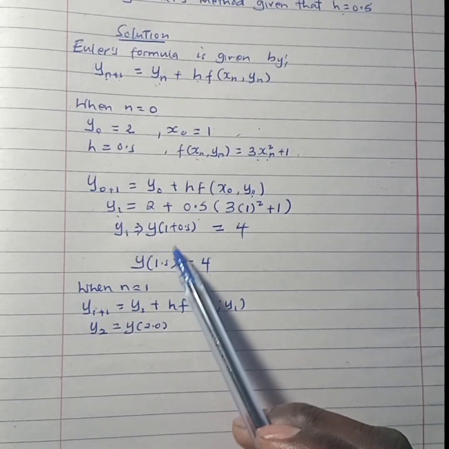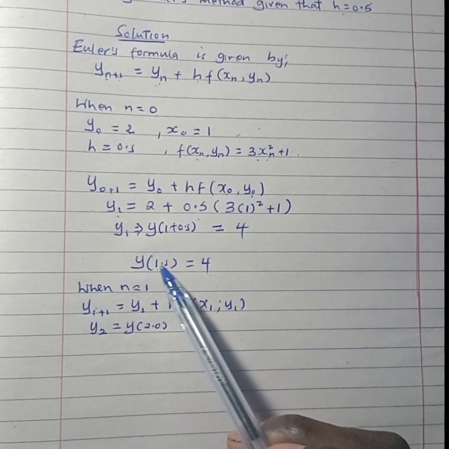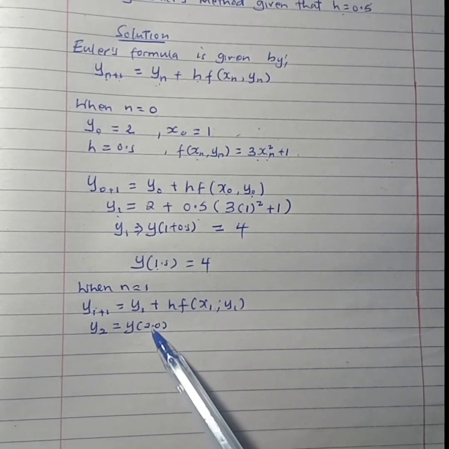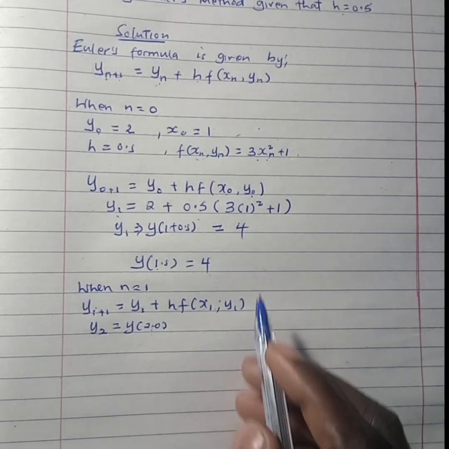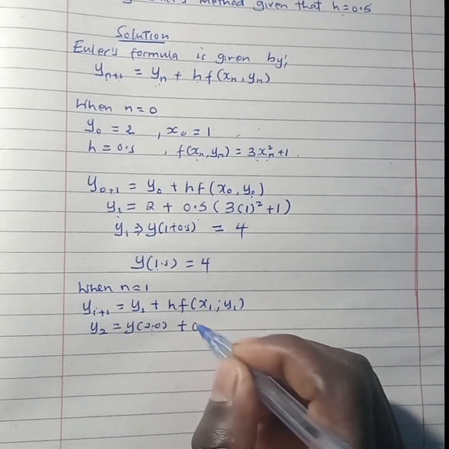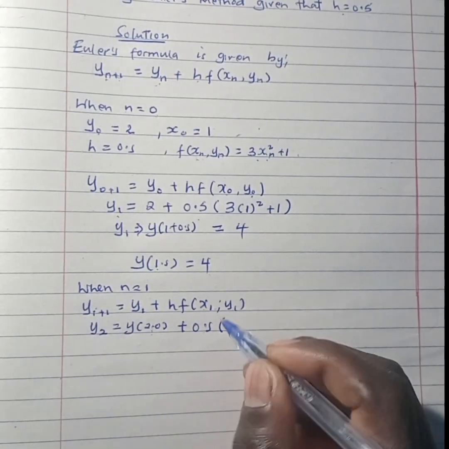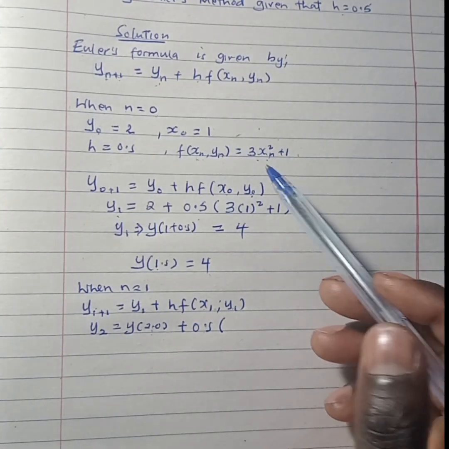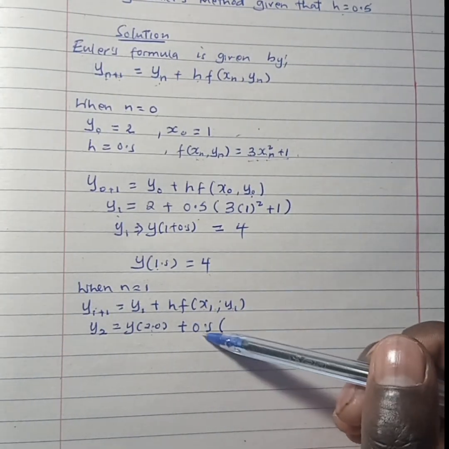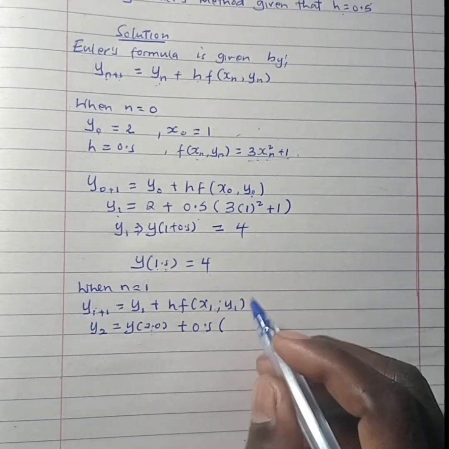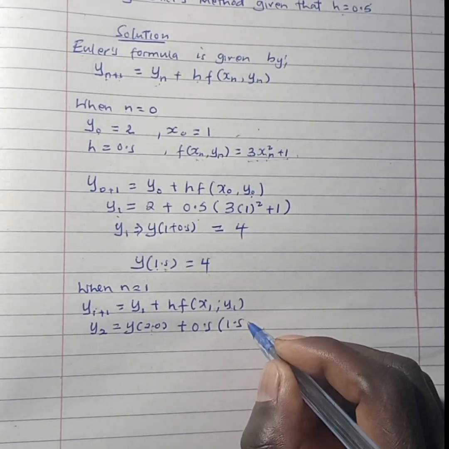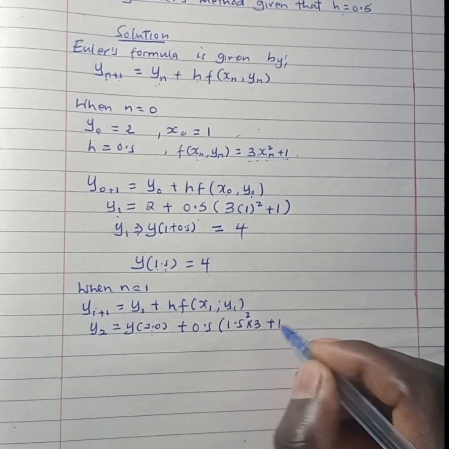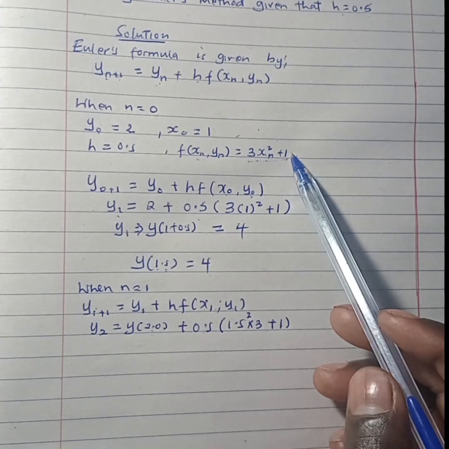We are taking x as 1.5, then we have plus 0.5, the interval. Here will be plus 0.5 into, we now substitute the value of x1 and y1 into our function. So x1 is 1.5, so it's 1.5 squared multiplied by 3, plus 1. We don't have y in our function here.